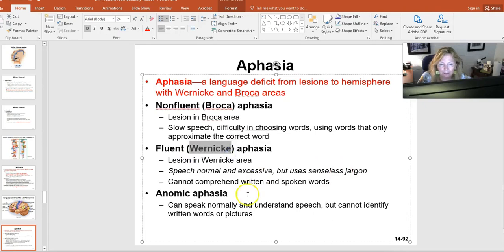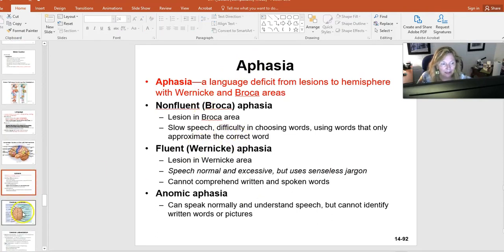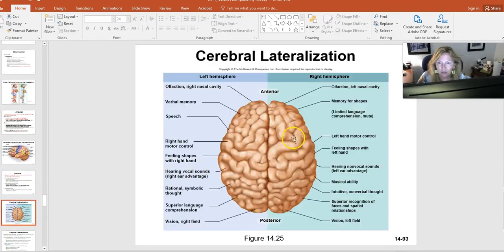There's no planning of it. So there are different types of aphasia depending on whether it's Broca's or Wernicke's area. Speech pathologists and neurologists will work together to figure out plans of action if there's been damage in these areas, to try to help these people communicate. It would be very difficult, as you can imagine.